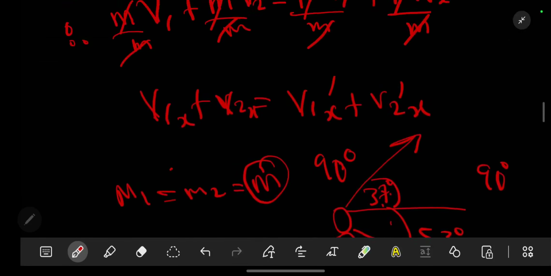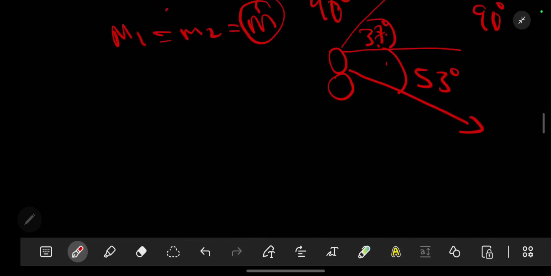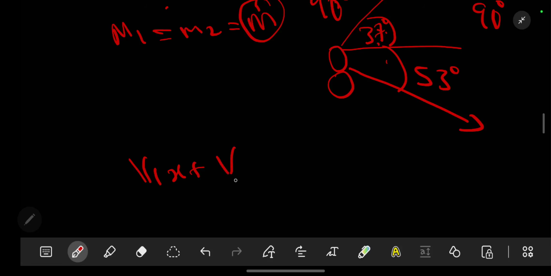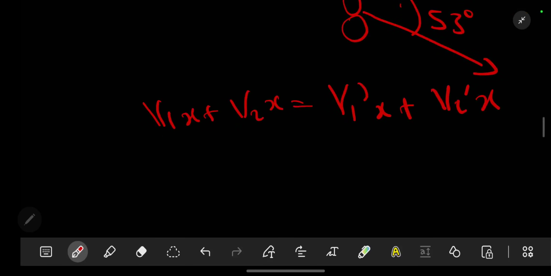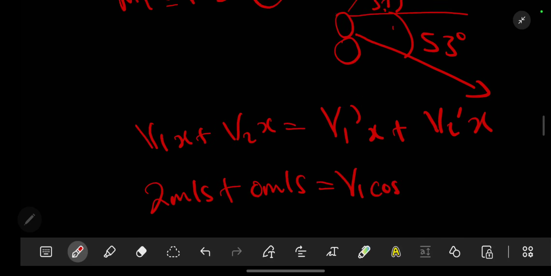So with that said, we have written that our v1x plus our v2x should be equal to v1 cap x plus v2 cap x. So v1x is equal to 2 meters per second, remember, plus this one is stationary, it wasn't moving, so it's 0 meters per second, should be equal to v1. Then x is associated with a cosine, so we are going to say cosine of the angle 37 degrees.